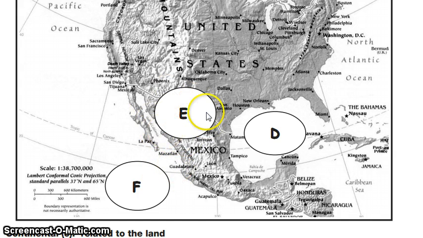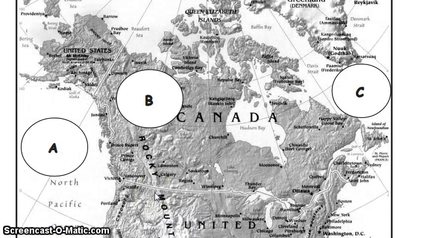When we look at E, because it's forming over land, we call that a continental tropical air mass, as opposed to our polar air masses. And with our polar air masses, again, we have maritime polar air masses, along with continental polar air masses forming over land. And that kind of just gives us an idea: are these warm air masses or cold air masses, are they moist air masses, or are they dry air masses?